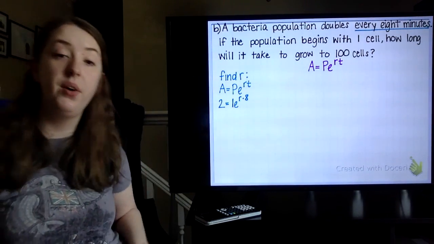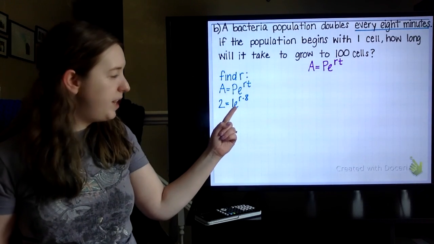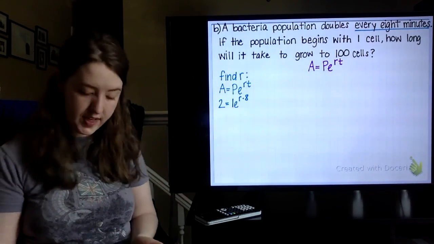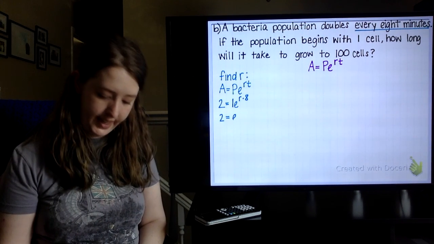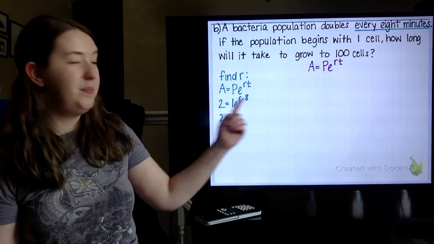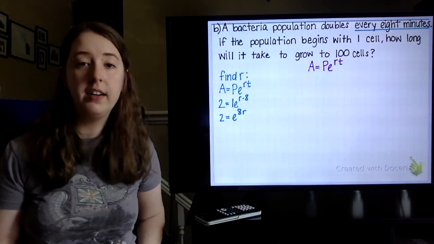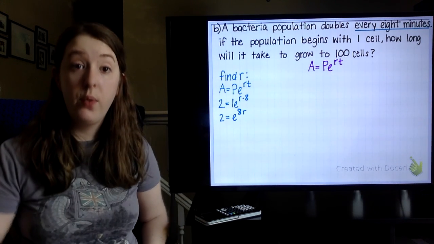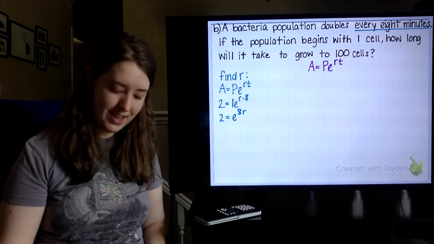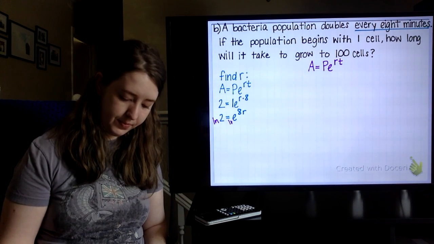Now I have to solve for my rate. I can either multiply this by 1 or divide by 1 on both sides. So I have 2 equals e to the r times 8, which feels weird, so I'm just going to put it as 8r. Then we have to get rid of our e. The way we undo e is the natural log, so we'll take the natural log of both sides.